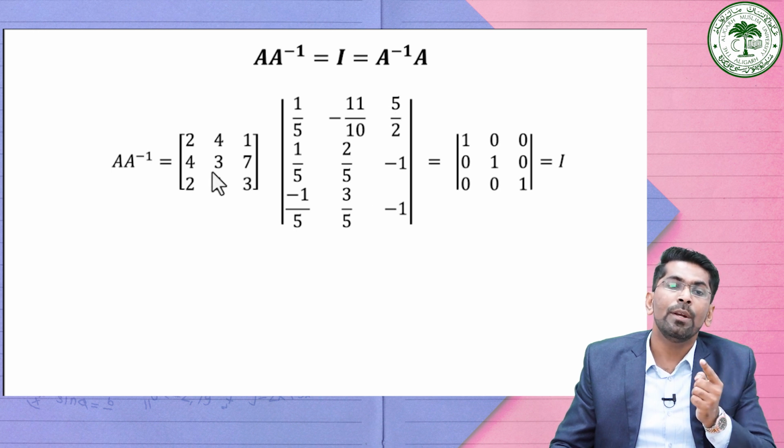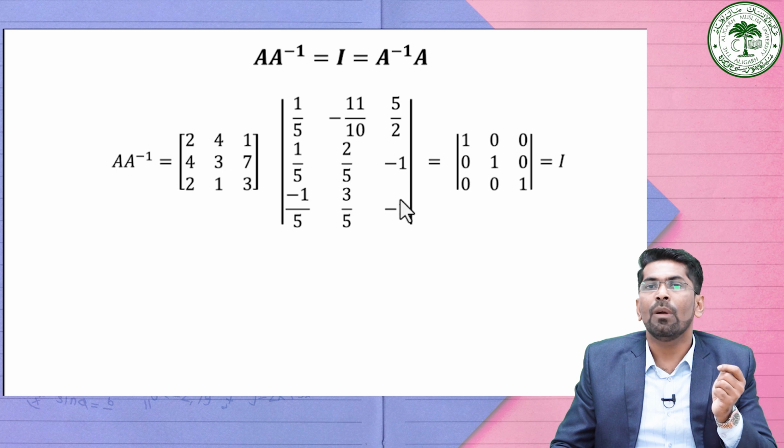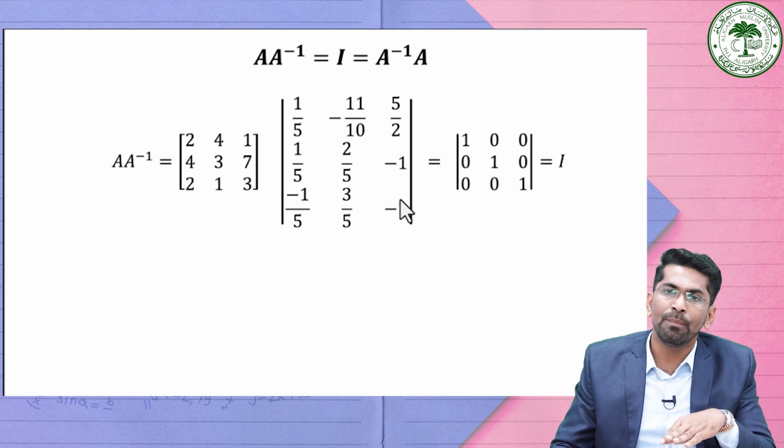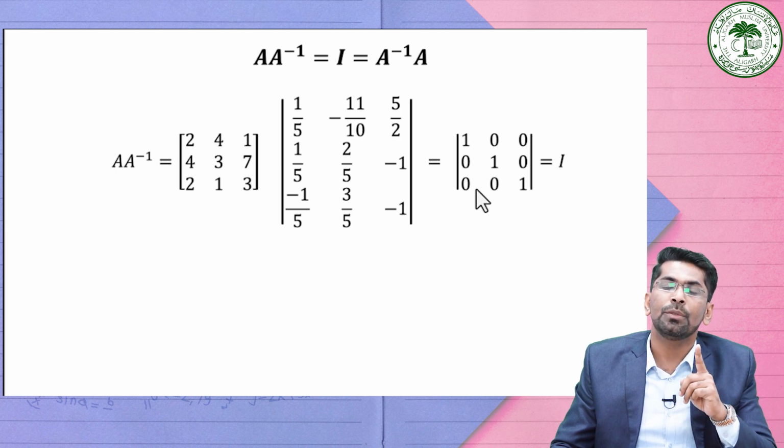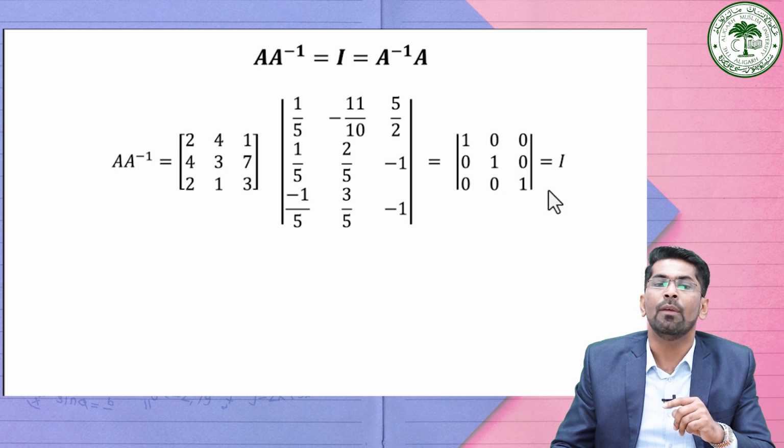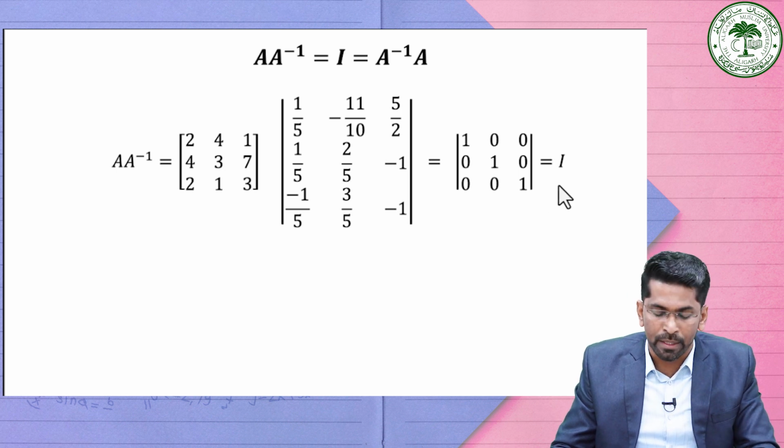Similarly, the second row is multiplied with the first, second and third columns, and the third row is multiplied with the first, second and third columns. Accordingly, if you multiply and simplify it, it will produce an identity matrix, that is 1 0 0, 0 1 0, 0 0 1, which is an identity matrix.